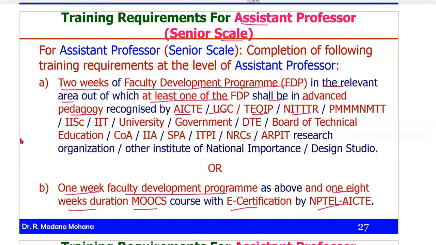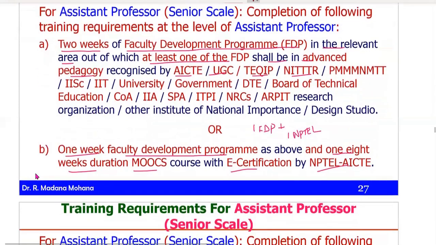So here, one FDP with 1 week duration, then one NPTEL with 8 weeks duration. The second condition: these two should be satisfied. Or 2 weeks of FDP, with a minimum 2 weeks duration, out of which at least one should be in advanced pedagogy.